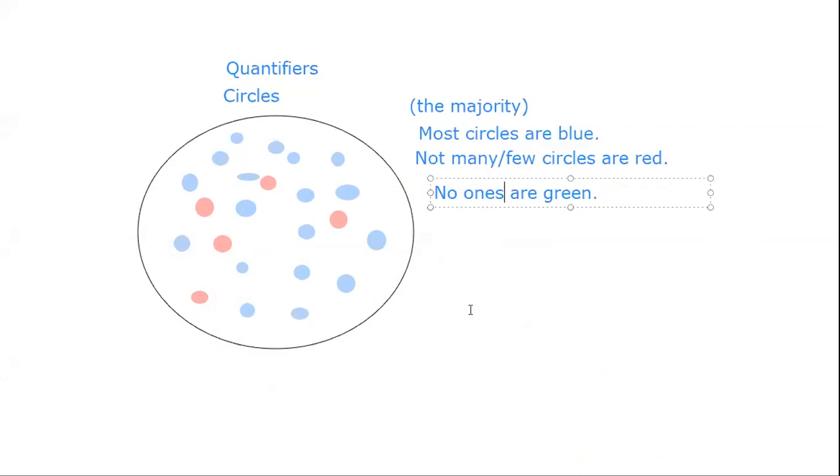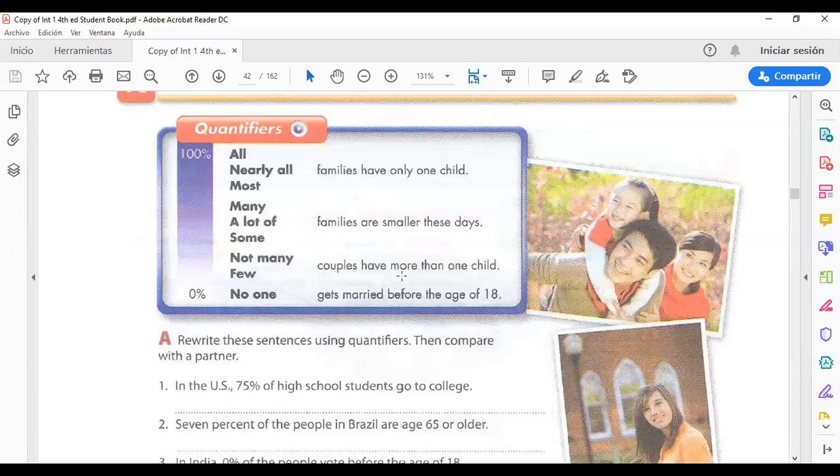We have different forms to say that. For example, you can say no circles. No circles are green. Okay, that's one form. Because the problem is that no one is a noun itself. That's why in the book, let me show you, you have no one, and then you have the verb.